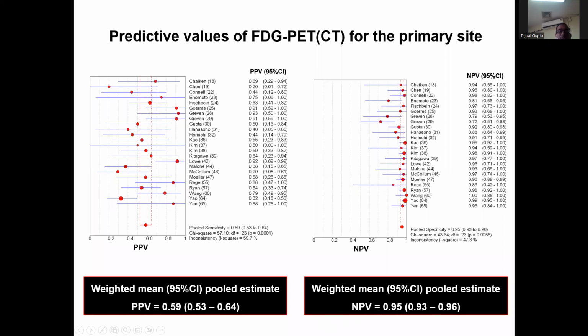The positive predictive value was again low for the primary site, 0.59. However, the negative predictive value was again exceptionally high. The weighted mean pooled estimate was 0.95 with a 95% CI ranging from 0.93 to 0.96, which is excellent as far as any diagnostic test is concerned.